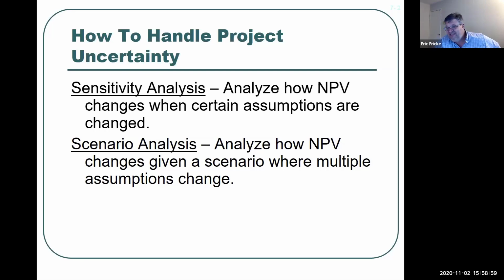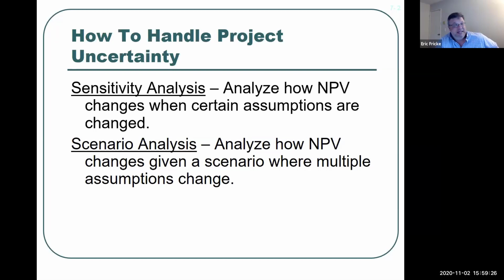In fact, when we go through the example today, the only thing I could think of was one scenario: what happens if a pandemic hits. Depending on your business, things could be not affected, or they could be affected significantly. That's a situation where multiple things change at the same time.